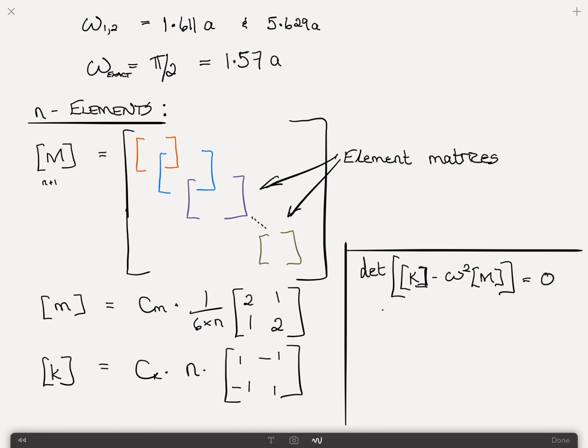Therefore, we can get the eigenvalues from this. And we know that frequency, or omega, is just the square root of the eigenvalues, since actually with the eigenvalues, we're solving for omega squared. And by the way, it's that times A, having ignored the Cm and Ck.